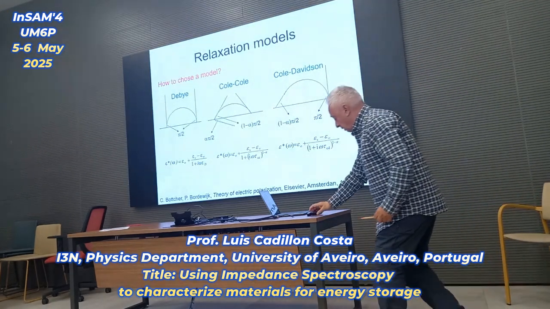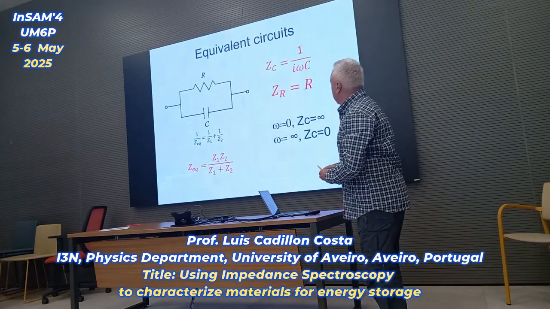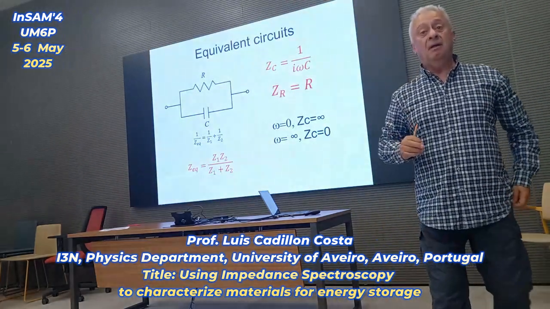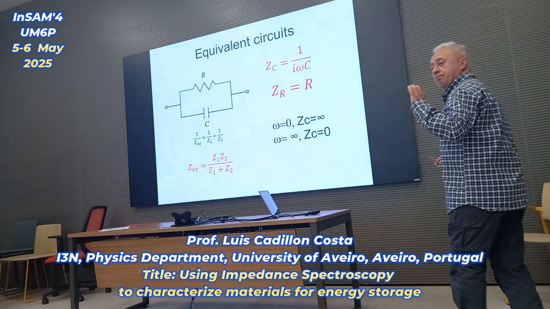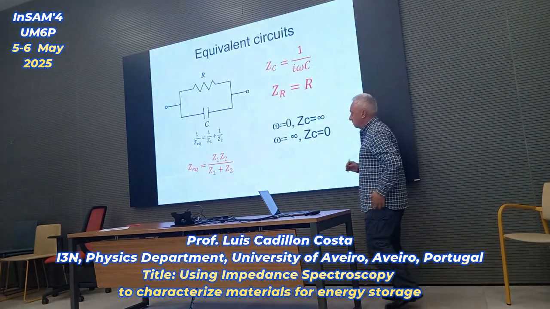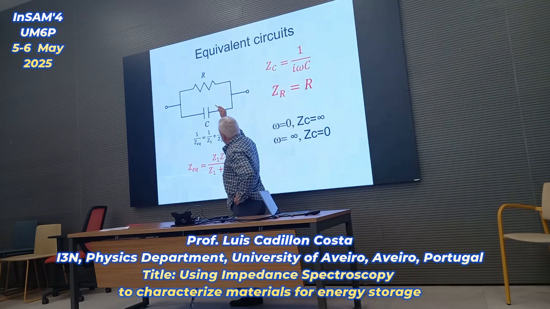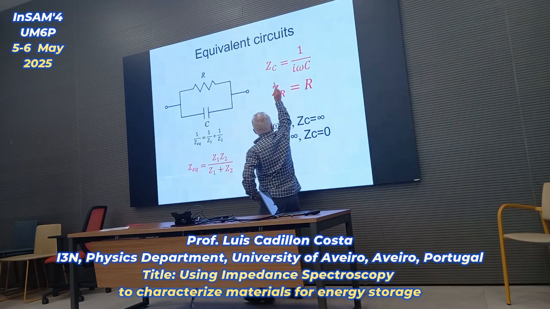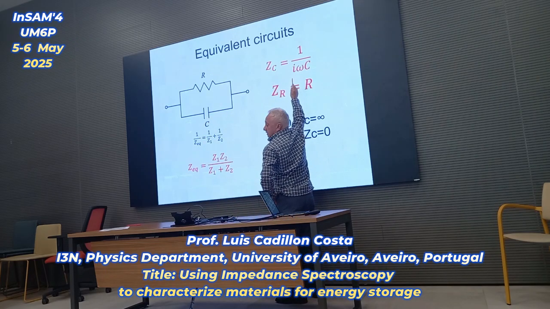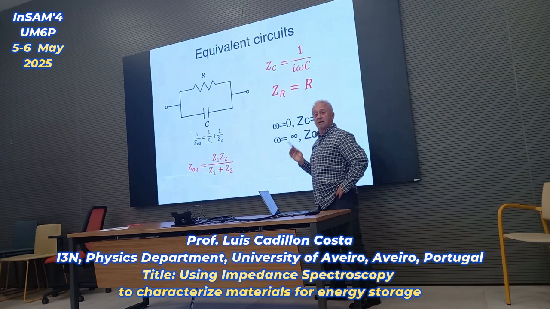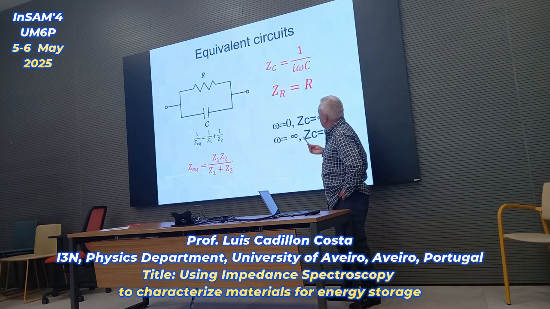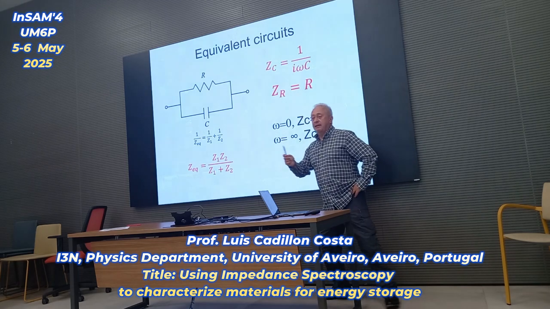Let's see what happens with equivalent circuits. In the Debye model, the circuit is an RC in parallel. The impedance of the capacitor is 1 divided by i omega C. The impedance of the resistance is R, which doesn't depend on frequency.